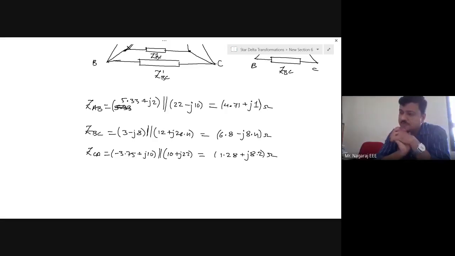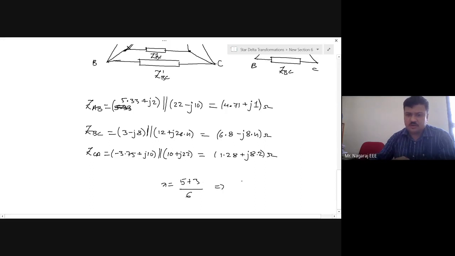What about others? If the majority are getting the same, then you should check the calculations back. Maybe some error you might have done in substituting, or in taking the brackets. Brackets are very important. Sometimes if we enter the value like this, if the equation is like this, say x is equal to 5 plus 3 divided by 6, in the calculator, if we enter 5 plus 3 divided by 6, sometimes it will take 5 plus of 3 divided by 6.